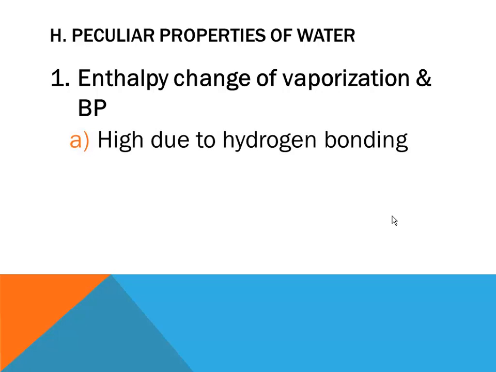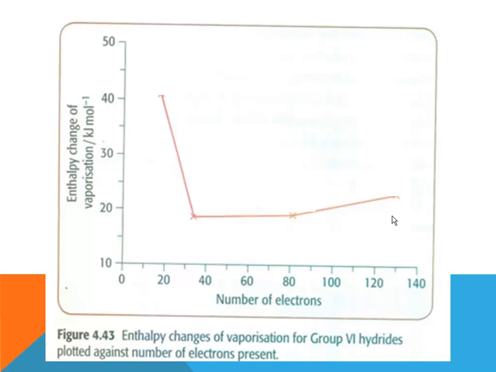Last part is particular properties of water. Water is very unique, especially when it freezes. So enthalpy change of vaporization and the boiling point are very high due to hydrogen bonding, which is good.